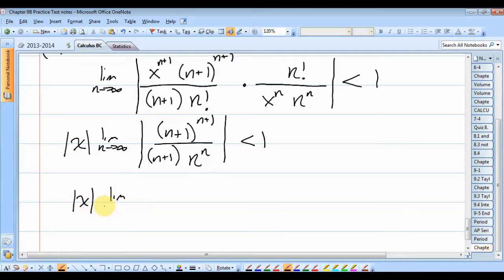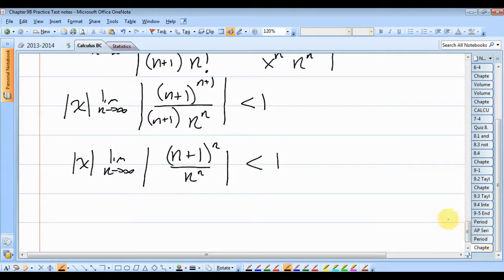You get the absolute value of x times the limit as n approaches infinity of n plus 1 to the n over n to the n. Now, what a conundrum that one is.